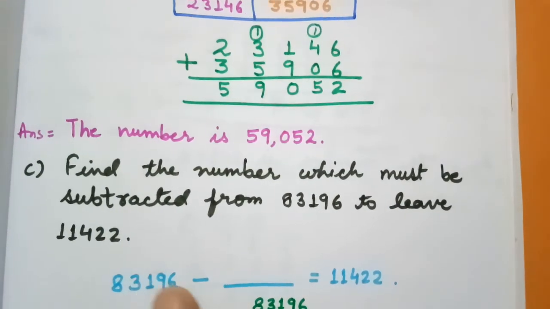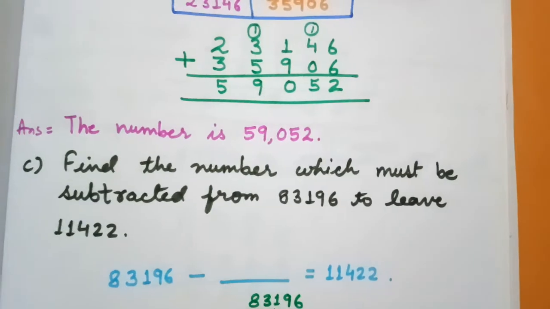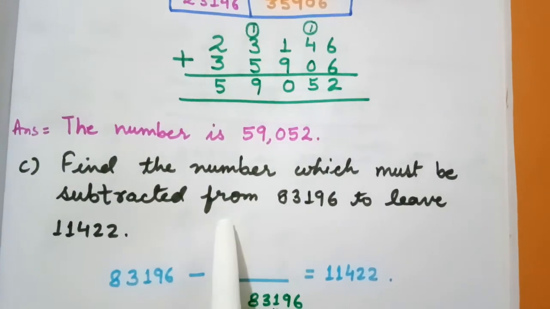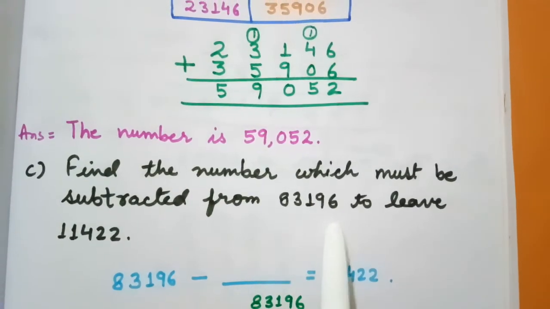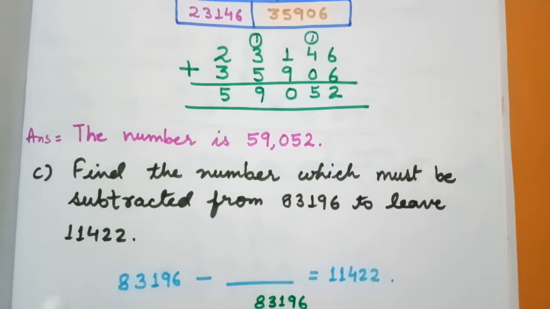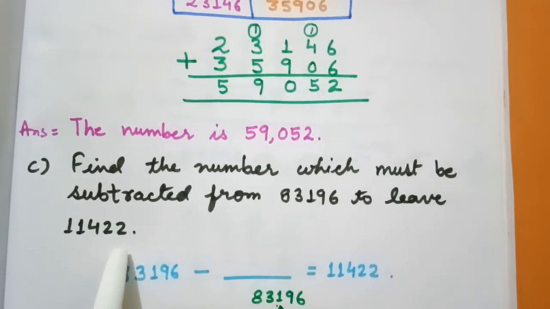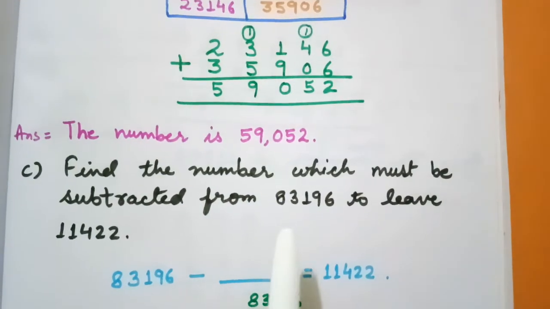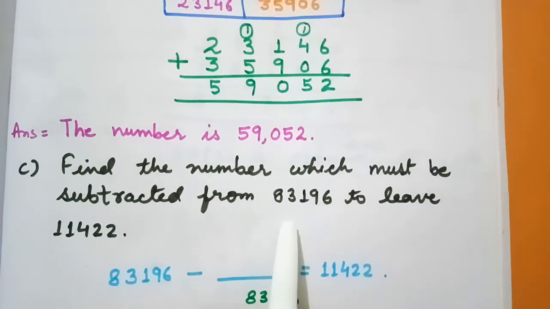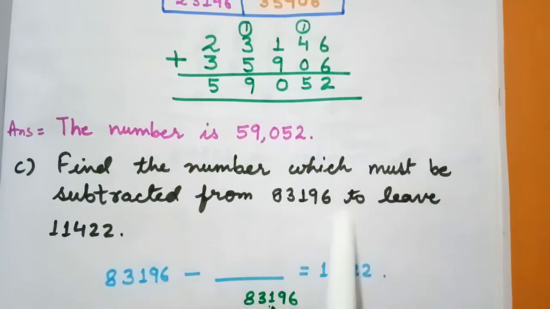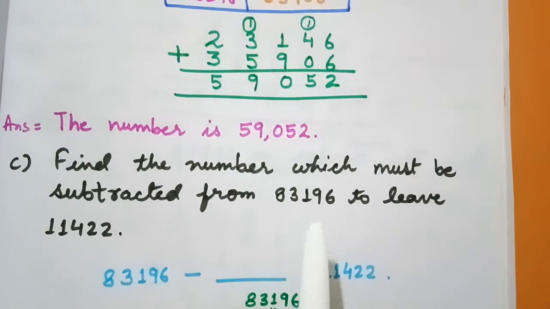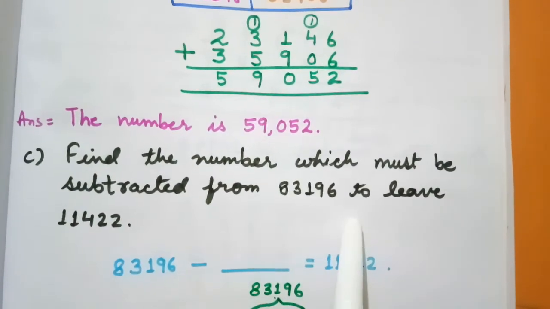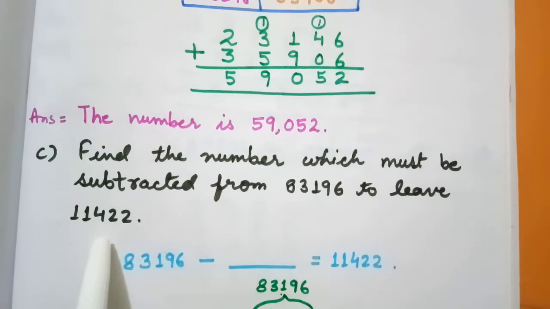Now we'll talk about C. It is written that find the number which must be subtracted from 83,196 to leave 11,422. We have to find the number which must be subtracted. That means this is the minuend and we have to find out the subtrahend, and the difference is also given.